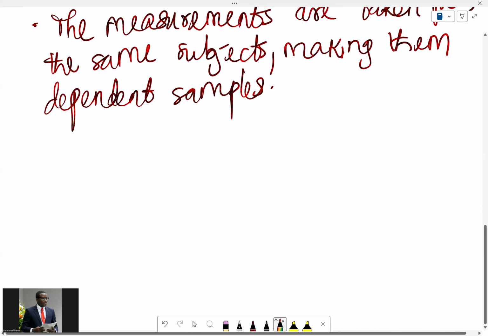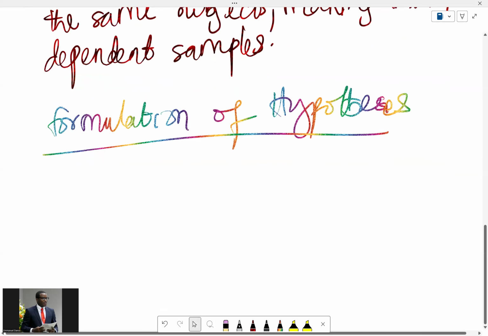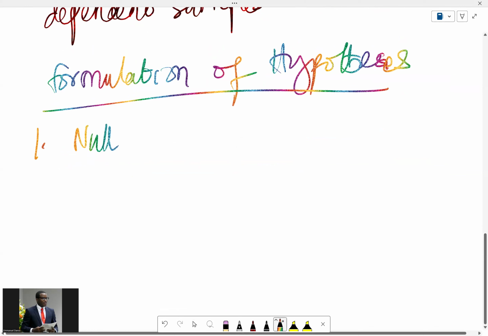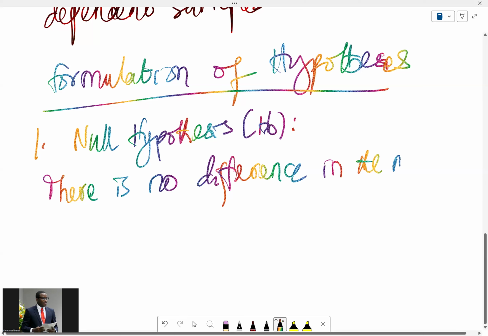So we go for formulation. The steps now: formulation of hypothesis. Two hypotheses. The first one is the null hypothesis, what you call H naught, and it says that there is no significant difference in the means of the two measurements.